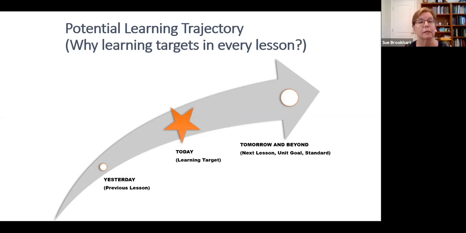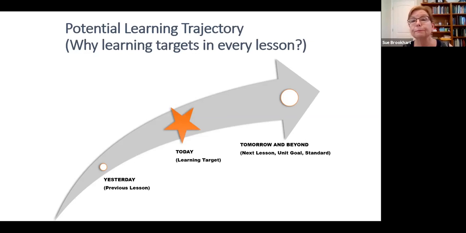Most of them are single lessons, but they need to pick students up at their readiness level, and take them to some spot where they could go on and do the next thing, whatever that is. And that's another thing that makes a learning target the right one. Not only is it in terms of the way a student would say it, but it's the right one in terms of what the student is ready to do next.